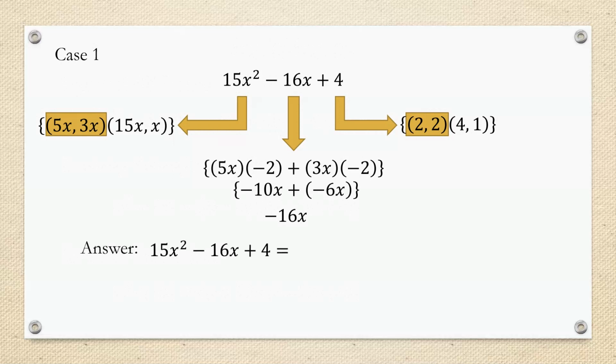So, the answer, the factors of 15x squared minus 16x plus 4 is, since I have positive 5x and 3x, and then nakita ko both negative, pwede natin ganyan ang factor: 5x minus 2 and 3x minus 2. Okay, so I hope this one helps you how to identify kung paano hanapin ang factors.